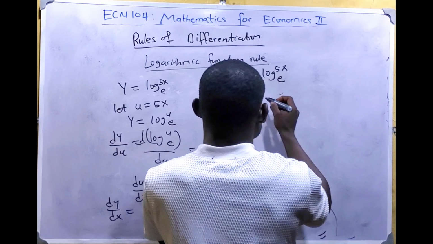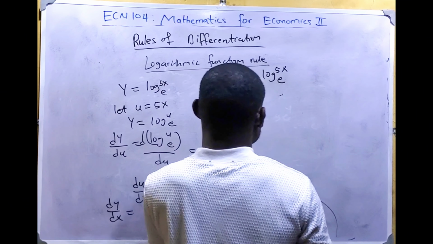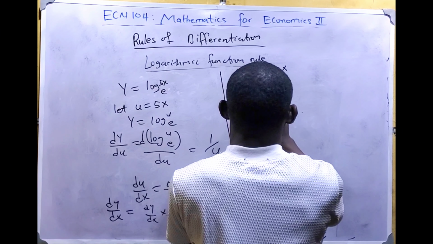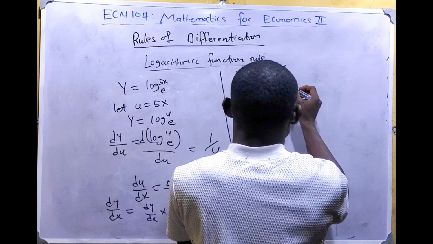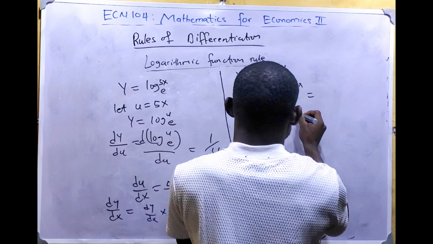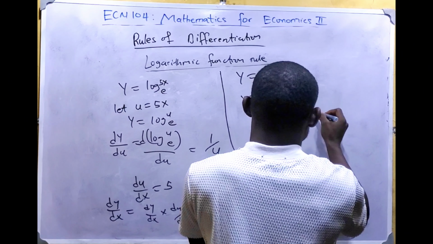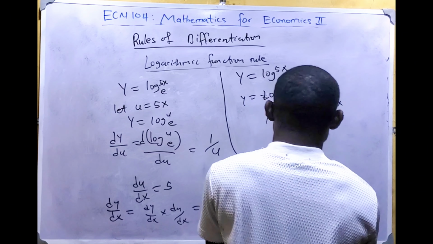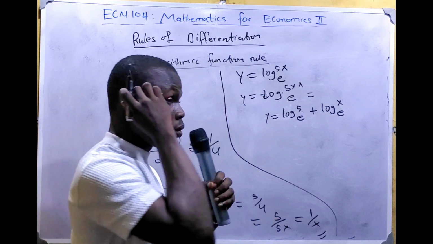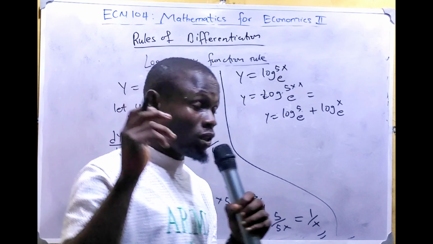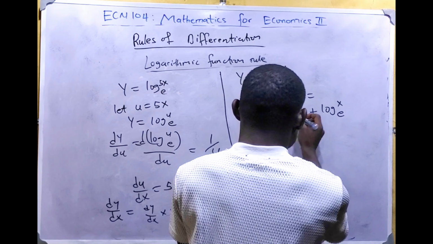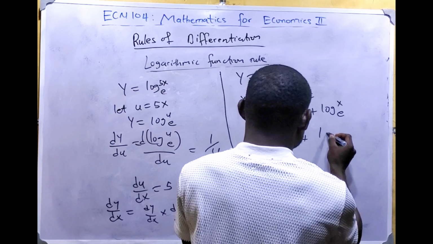Then this can also be written using the product law of logarithms as y equals log 5 times x base e, which equals log 5 base e plus log x base e. 5 is a constant, not a variable, and the derivative of any constant is 0, so dy/dx from here equals 0 plus 1 over x.